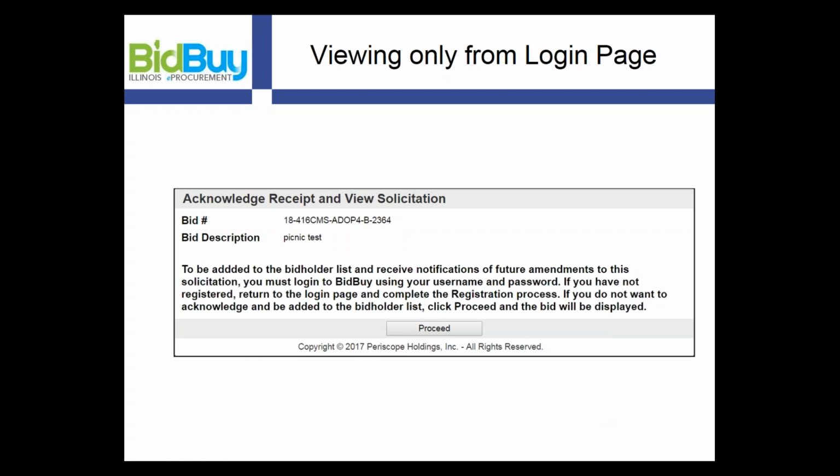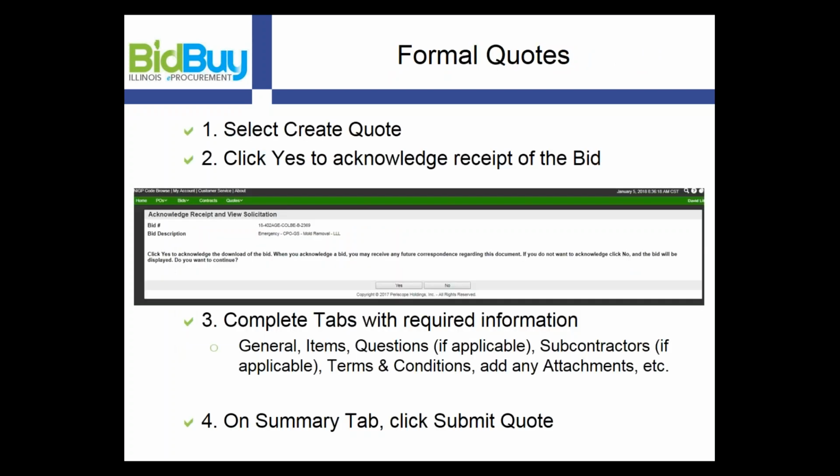The Open Bids on the BidBuy homepage is essentially the same thing as the Illinois Procurement Bulletin. You don't have to be logged in. You can see all the open bids that are out there currently. And so this is something that you would see. In order to acknowledge receipt, you have to be signed in. So I'll go ahead and show you that, and then we'll get started on the formal quote process.